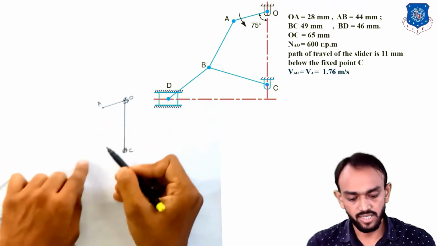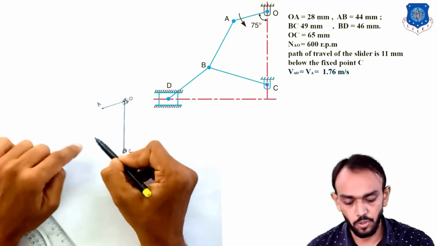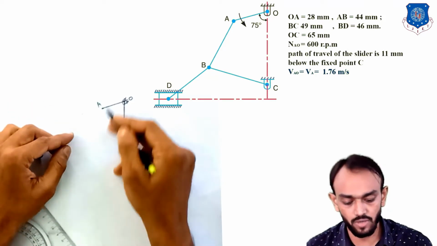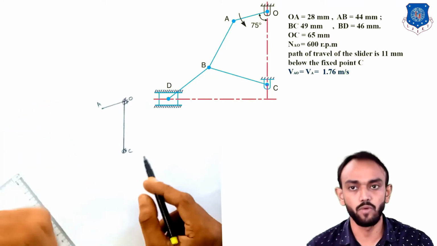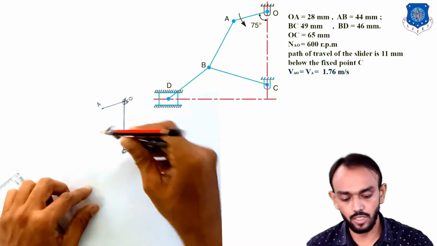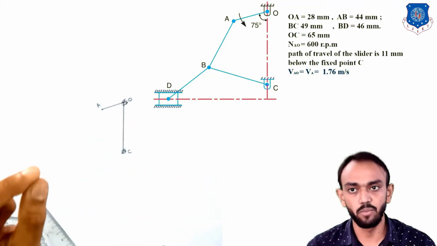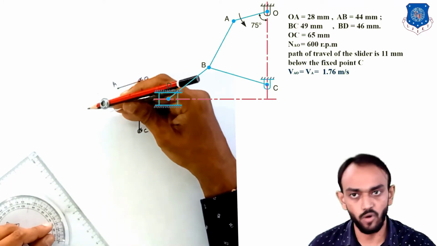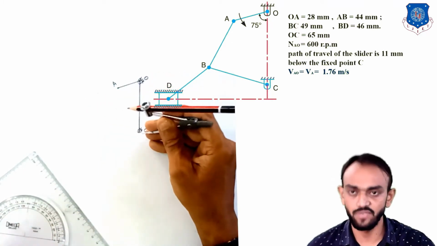Now you can see on the screen that we have the A to B distance and the B to C distance, but we don't know the angle of those lines. So what will we do? We will set that on our compass, and we will take 2 arcs, and you will get the B point. Okay, so first of all A to B. A to B is 44 and B to C is 49.